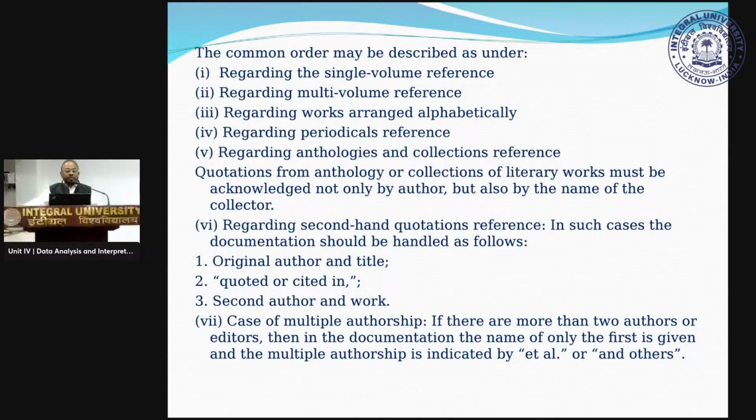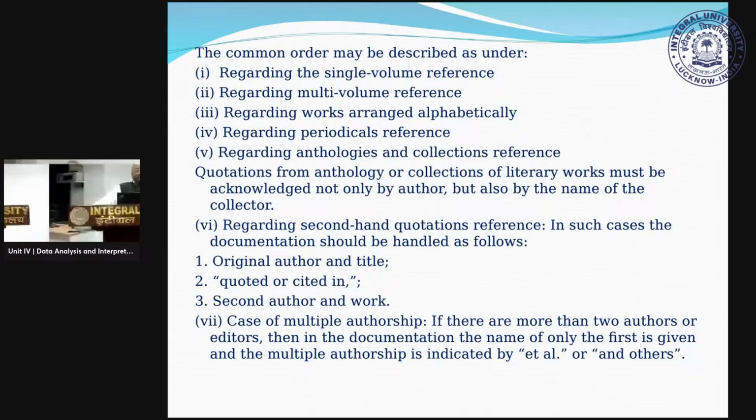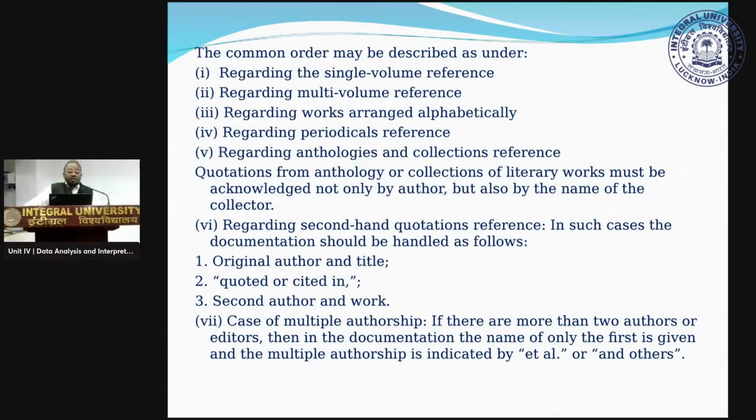Punctuation and abbreviation in the footnotes is also important. The first item after the number in the footnote is the author's name, given in the normal signature order. This is followed by a comma. After the comma, the title of the book is to be given. Articles such as a and the are to be omitted.